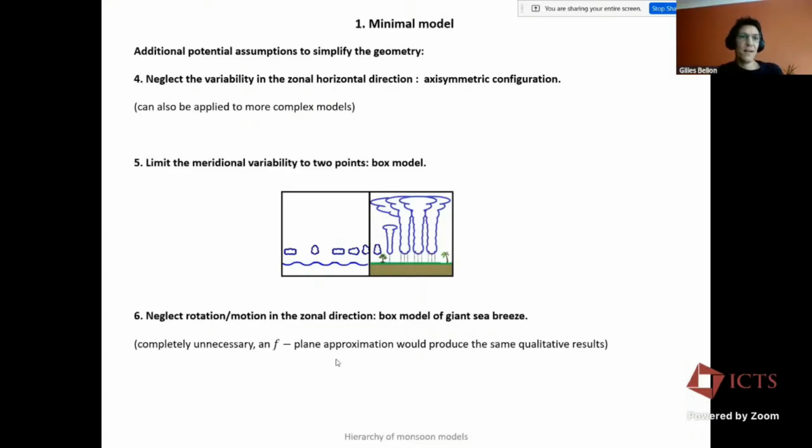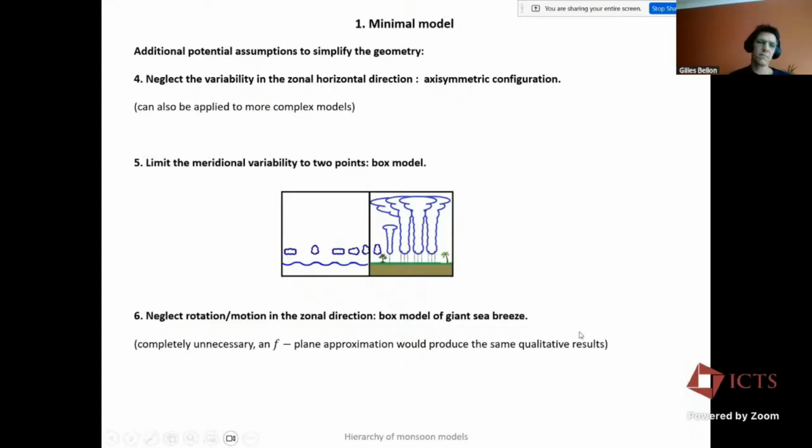Then you can limit the meridional variability to two points. So then you get a box model. So for example, here, what I'm showing is such a model where you have a point over the ocean and a point over the continent. And so what you're interested in is just the circulation between those two boxes.